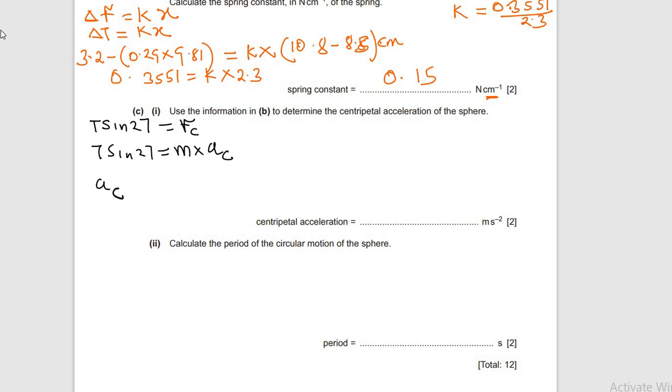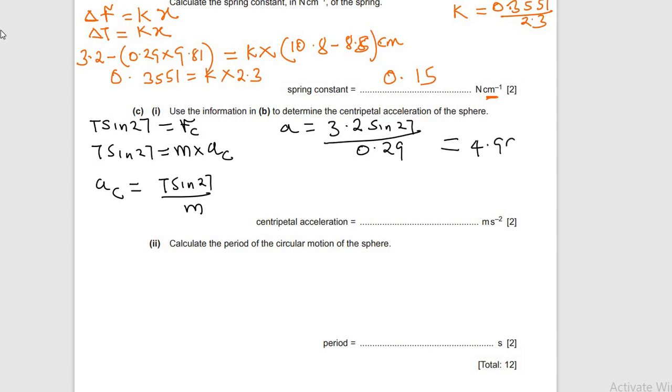So centripetal acceleration AC is T sine 27 divided by the mass. The tension in this case is 3.2 sine 27 divided by mass. Mass is 0.29, not weight. So when you punch this into calculator, 3.2 sine 27 divided by 0.29 we have 4.99, which is approximately 5 meters per second square. That's our centripetal acceleration.